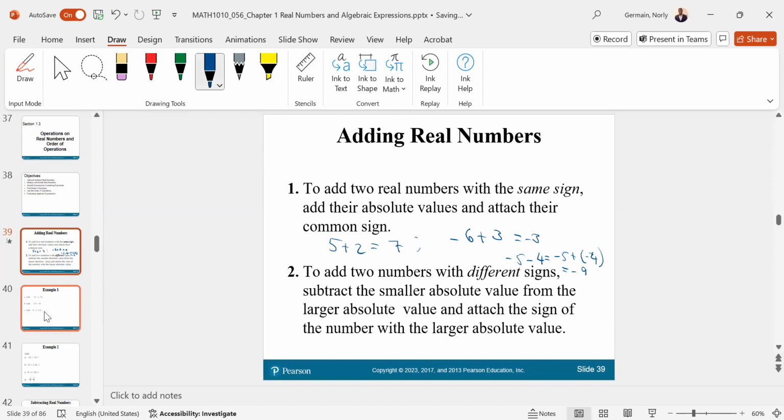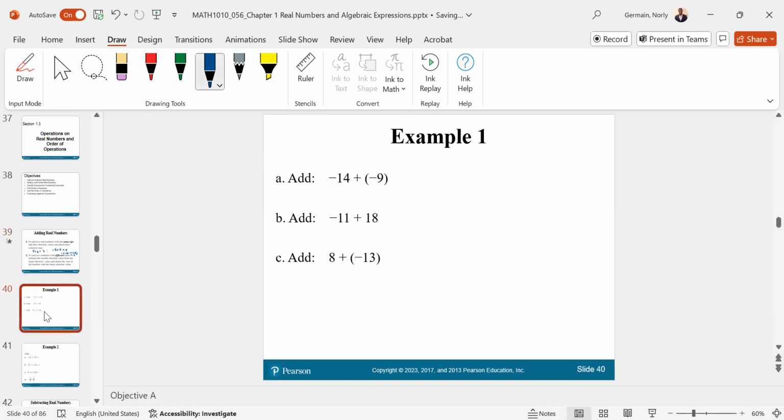Let's see this in an example very quickly, because learning by examples is what we do most in mathematics. Look at part A: negative 14 plus negative 9. What you need to do is add the absolute values.